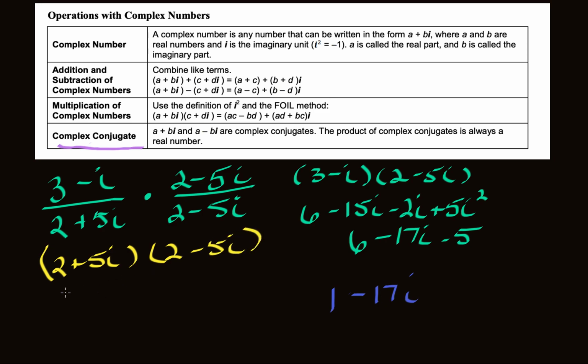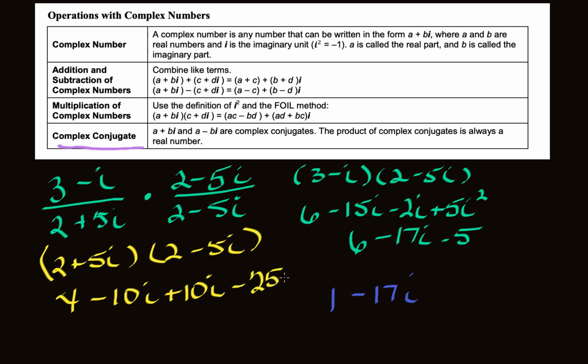2 times 2 is 4. 2 times minus 5i is minus 10i. 5i times 2 is plus 10i. See, they're going to cancel out. They're opposites of each other. And 5 times 5 is 25, but this one's negative, so it's negative 25.